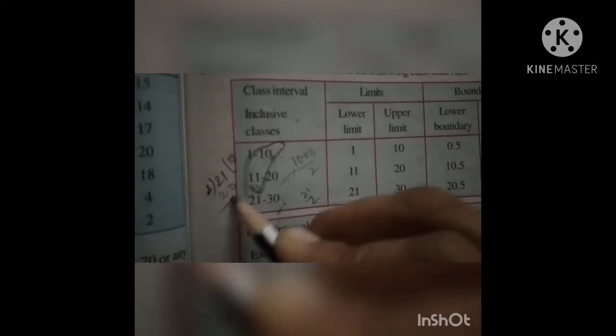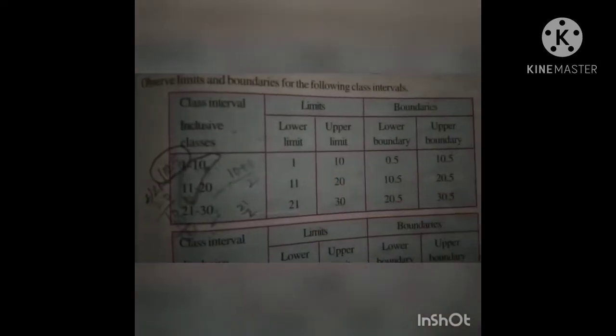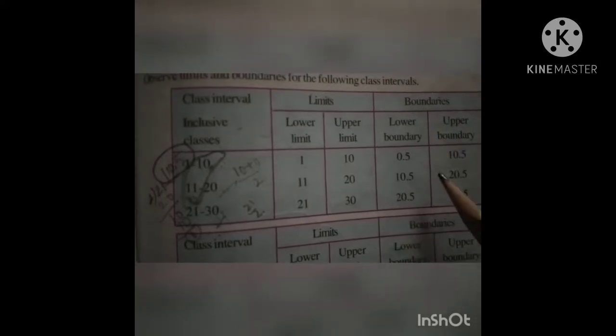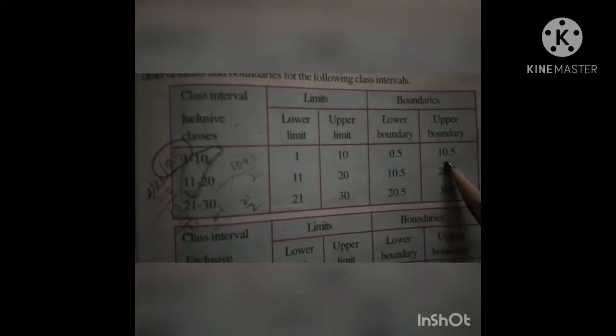Do the division: 10 2s are 20, remaining 1 is there. Put the point and take the 0: 5 2s are 10. It means 10.5 is the upper boundary.